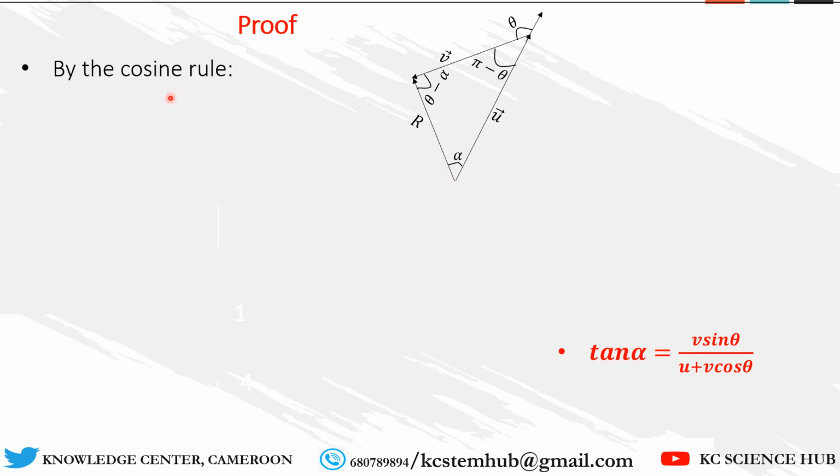By the cosine rule, notice that the angle alpha is the angle between vector u and r, the resultant. And why are we calling it the angle between these two vectors? Well, because they are both leaving this node. If I come to this particular node, notice that r is leaving, that's the head of the vector right there, leaving. The head of this other vector u is also leaving.